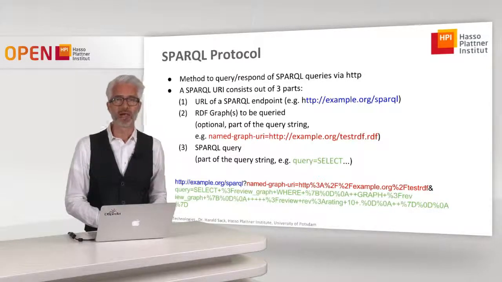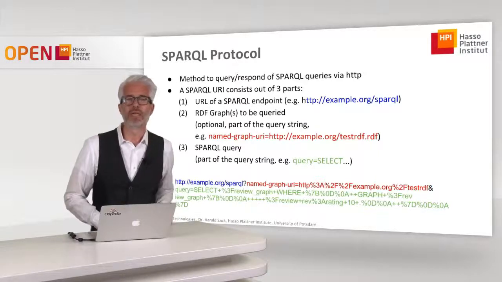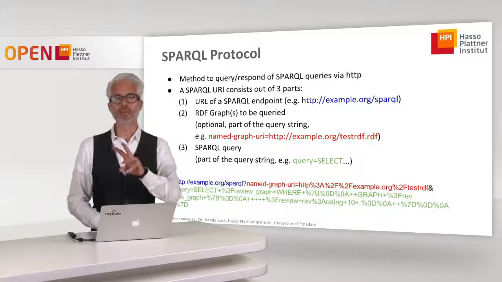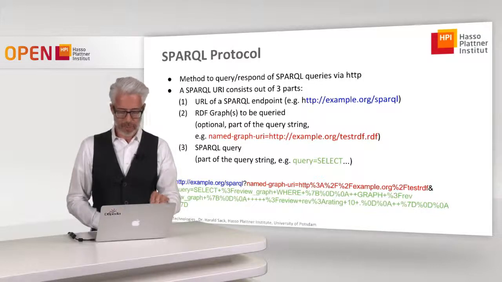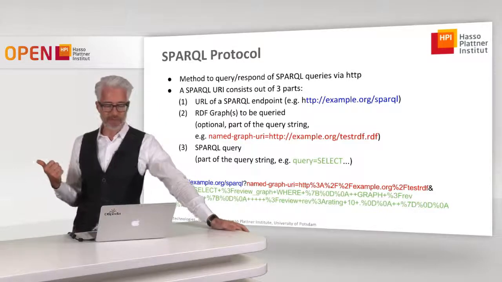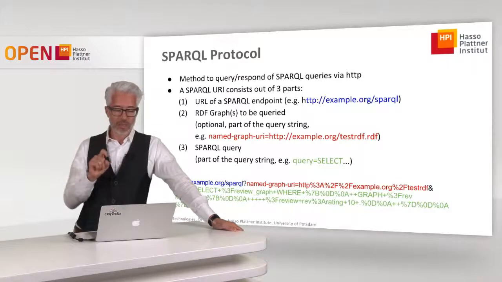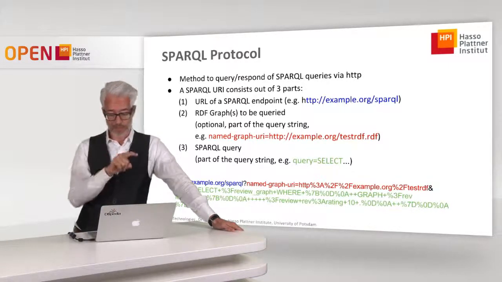Then you specify the RDF graphs which should be queried. And this is the red one. So for example, you could here specify either a default graph or a named graph or several named graphs which are queried. And then in green comes the SPARQL query. So if you look at the colored query below there, first you specify the SPARQL endpoint, then you have the question mark, and then you specify all the graphs you are querying here in red.